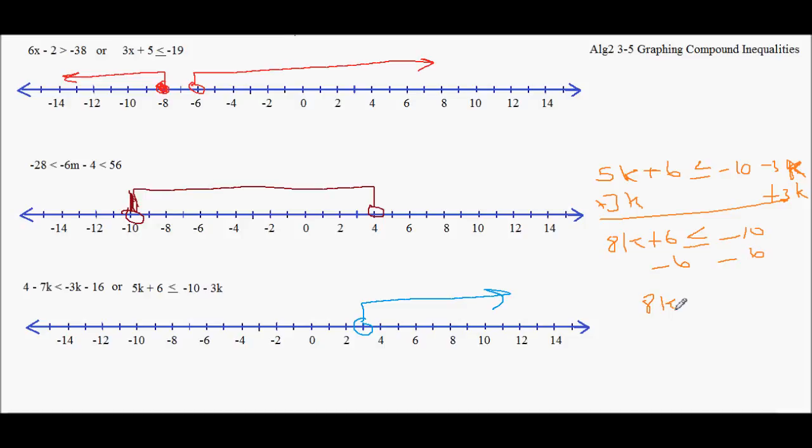I get 8k less than or equal to negative 16, divided by 8. And I get k is less than or equal to minus 2. So minus 2 less than or equal to, I shade it in. Okay, negative 2 shaded in. And I'm going to go that way, like that. Okay, so that's it. Those are all 3 examples, the 3 problems that you're going to see. So good luck. Pretty basic, isn't it?